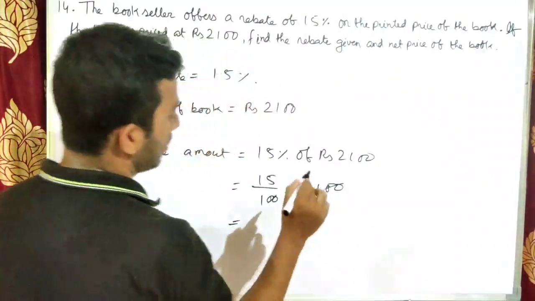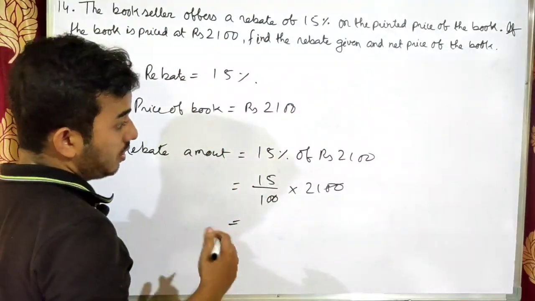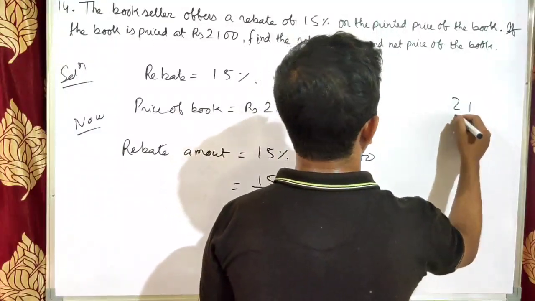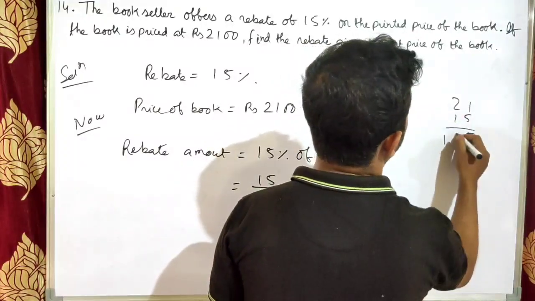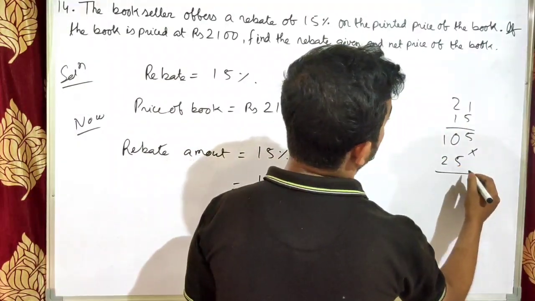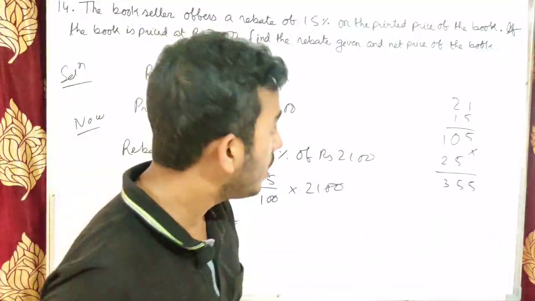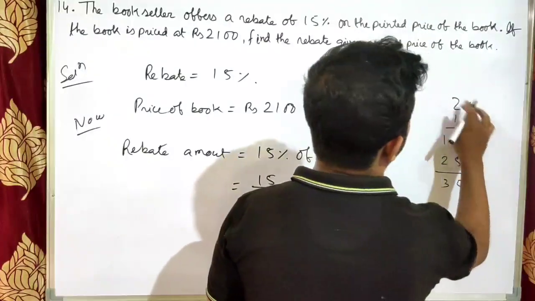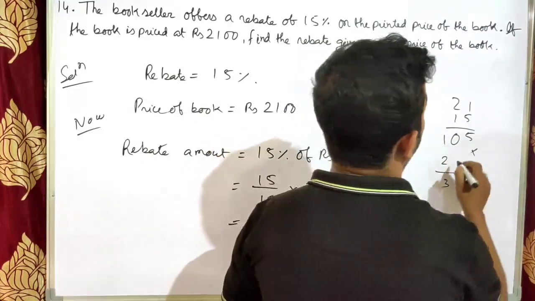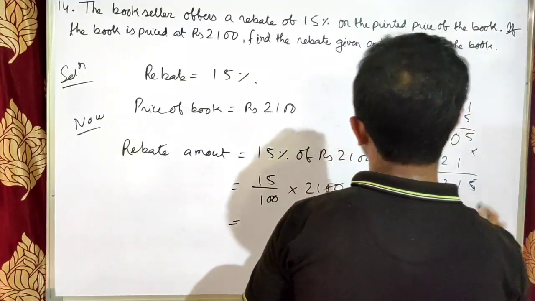The 00 cancels, then 15 into 21. 5 into 1 is 5, 5 into 2 is 10, then 1 into 1 is 1, 1 into 2 is 2, so it will be 315.